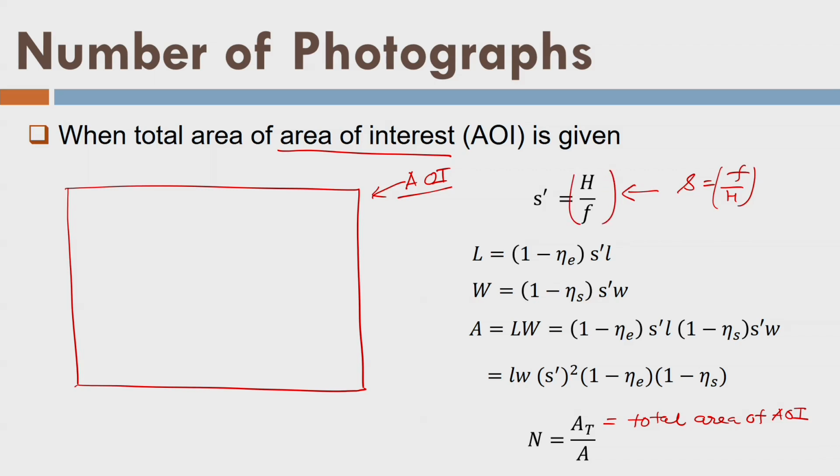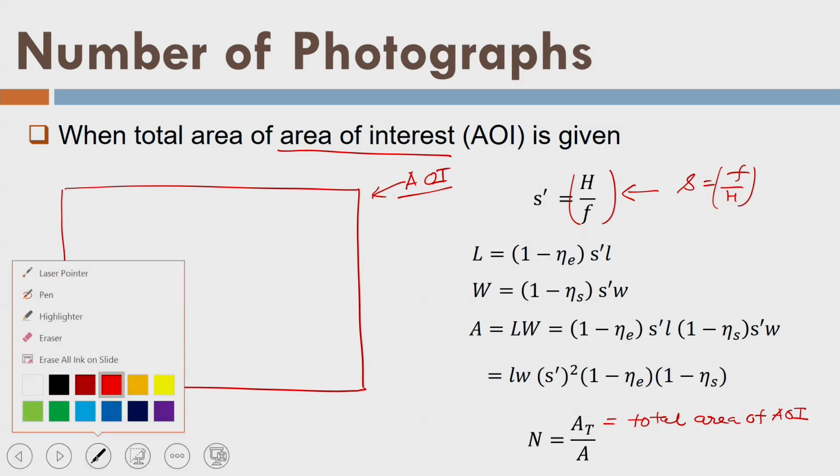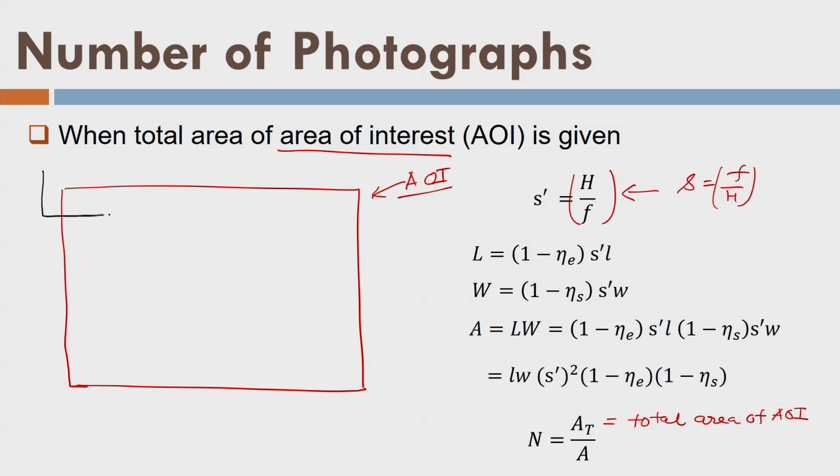And now you see there is an end lap. The first photograph is like this, and the second photograph is like this with some overlap, and we call it end lap here. So this is my end lap, and I write this end lap as eta e.